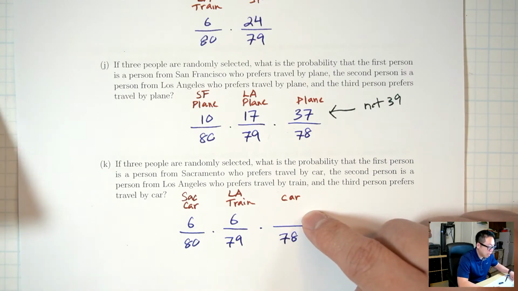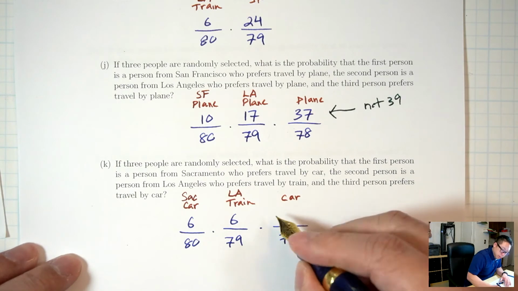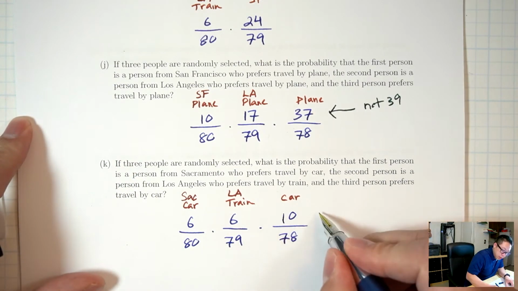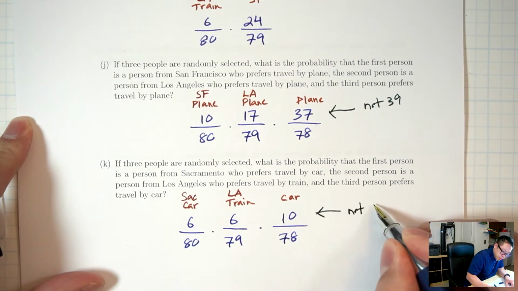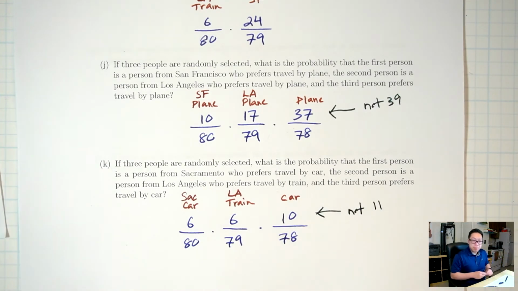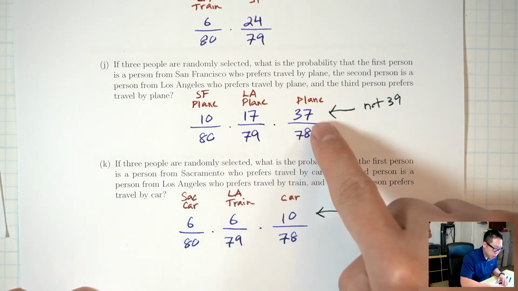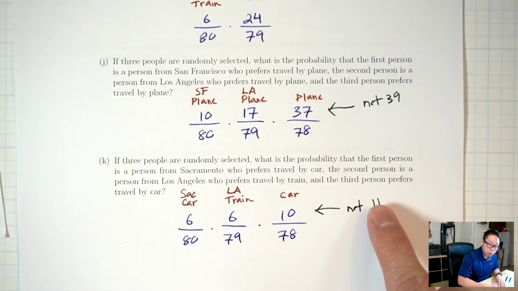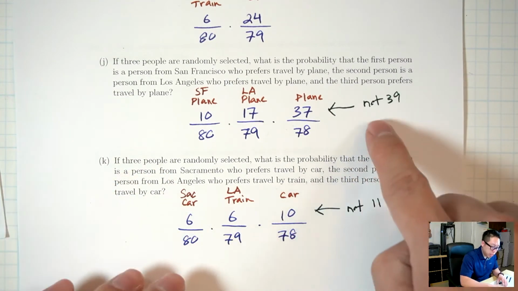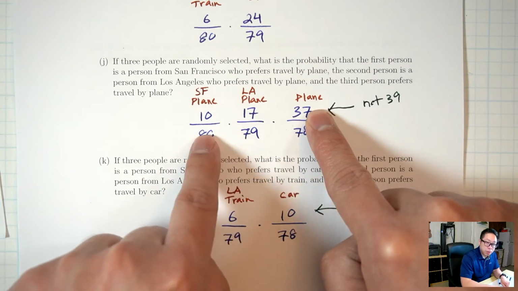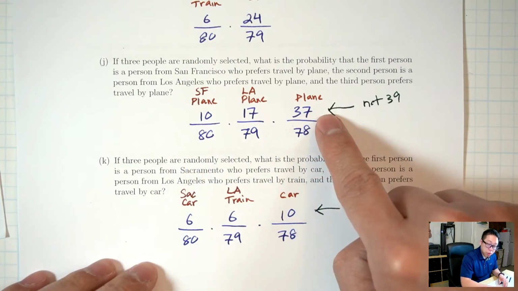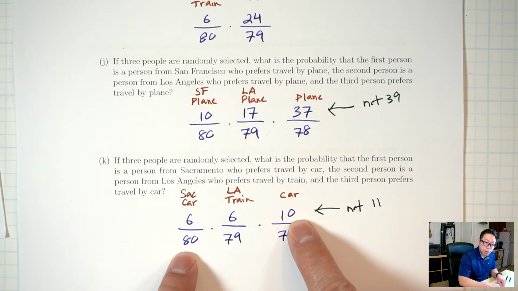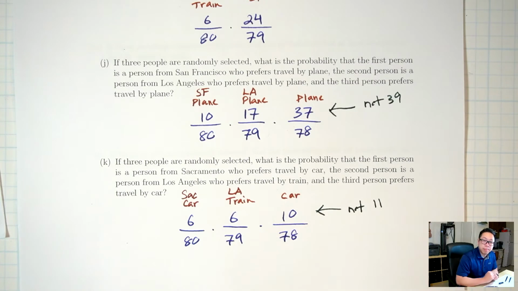So it's not going to be the full 11, it's going to be down to 10. Okay, so make sure you understand why this is 10 and not 11. And make sure you understand why in part J, we had to reduce by 2, whereas in part K, we reduced by 1. In part J, we used 2 planes in the first slot and the second slot, so I had to reduce it by 2. In part K, I only used 1 car in the first slot, so I only have to reduce by 1.